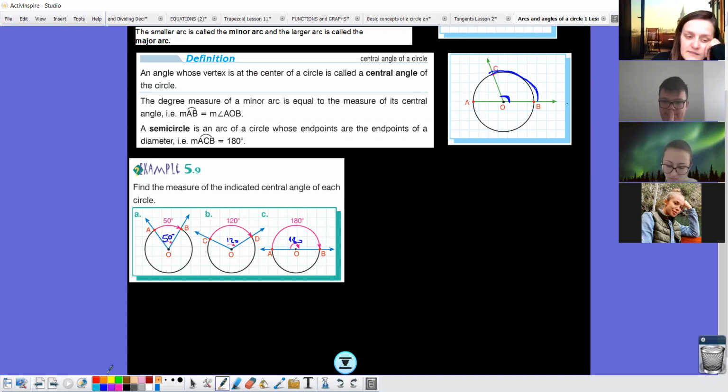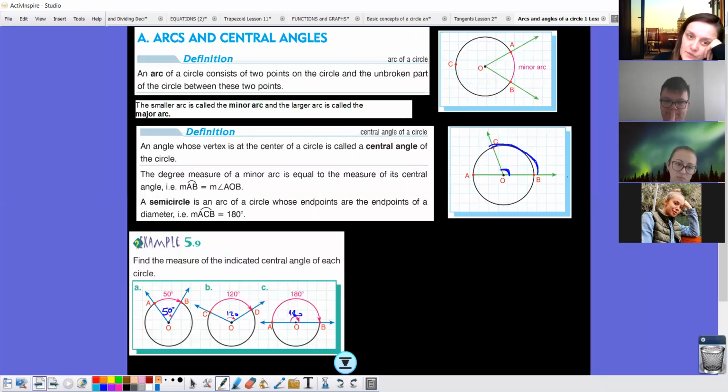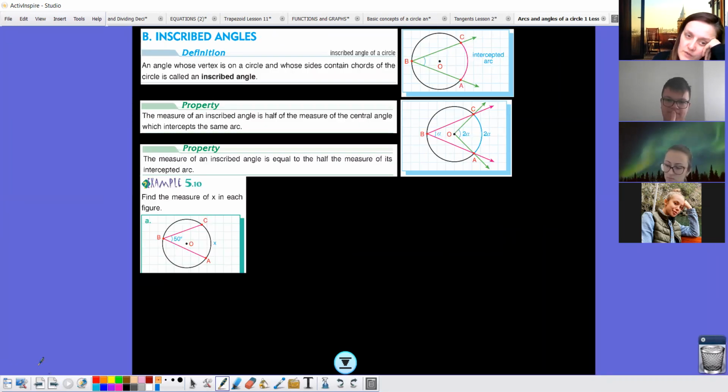Now, guys, let's see what we have more about this. Inscribed angles. These were central angles that we were talking about. Inscribed angles: an angle whose vertex is on the circle line, and whose sides contain chords.